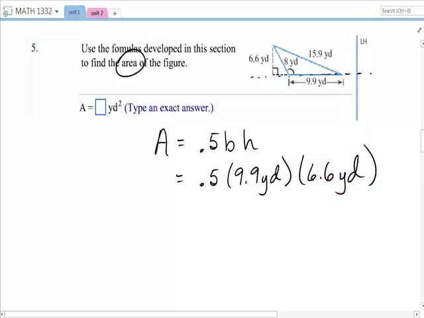And to the calculator, 0.5 times 9.9 times 6.6. And I get 32.67 yards squared. It says type an exact answer, so I don't need to round to any particular place.